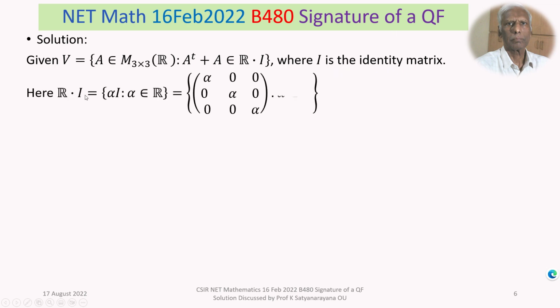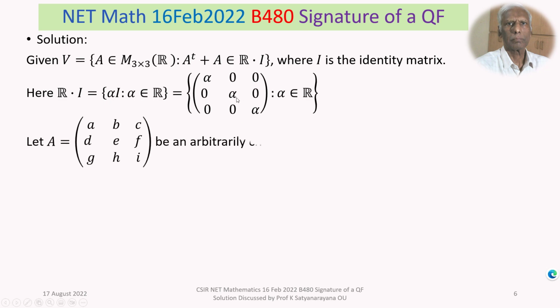Here R dot I means alpha I, where alpha varies over real numbers. That means it is the 3 by 3 matrix alpha 0 0, 0 alpha 0, 0 0 alpha, alpha belongs to R. That means R dot I consists of all 3 by 3 scalar matrices with real entries.